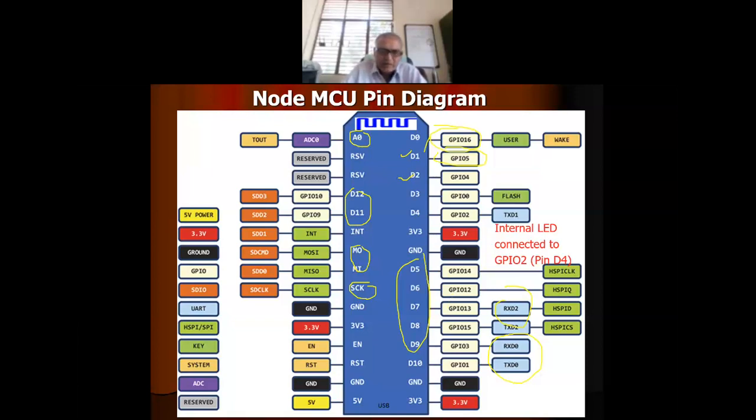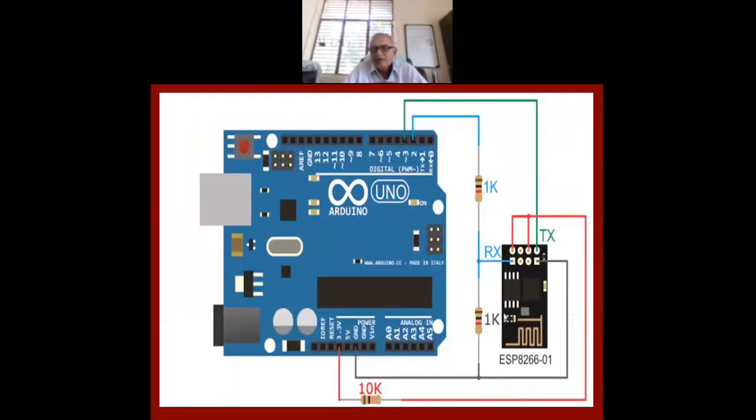And this is a reset pin, to reset the microcontroller inside the NodeMCU. So this pin diagram is useful while connecting external hardware with the board. Then suppose you have an Arduino board and you do not have a NodeMCU board, then you can interface this type of Wi-Fi module, known as ESP8266, with the Arduino board.